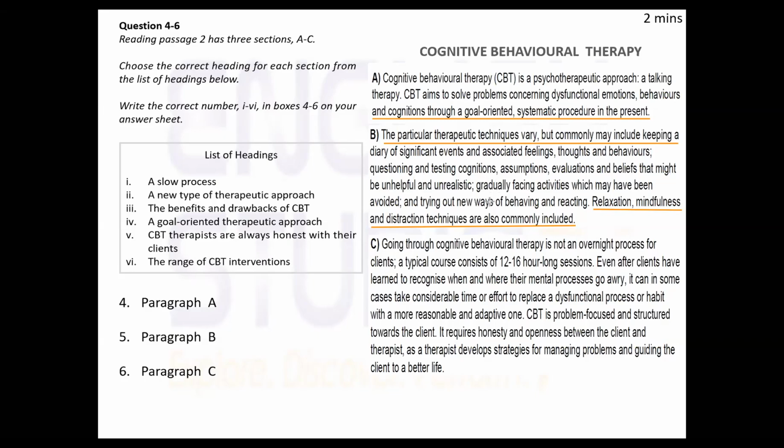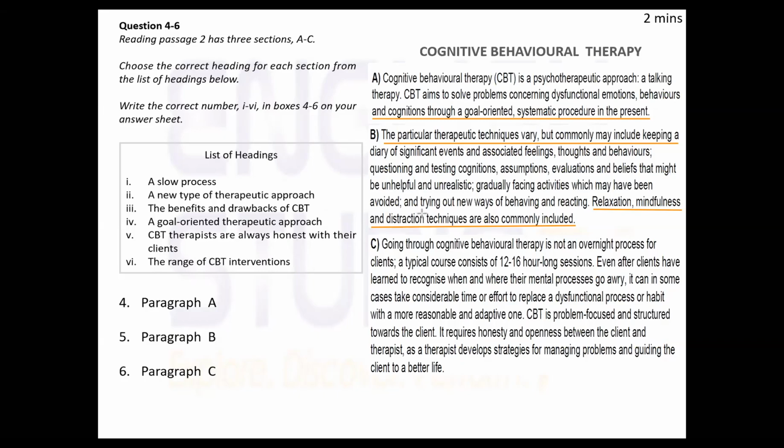So the correct answer, nggak mungkin slow process, nggak mungkin a new type of therapeutic approach, benefit and drawbacks juga enggak, goal oriented ini udah tadi ada jawabannya. CBT therapists are always honest, itu nggak dijelasin. The best choice for the heading of paragraph B is the range of CBT interventions, as Mr. Anam said. Thank you.